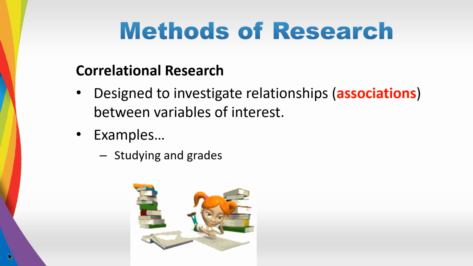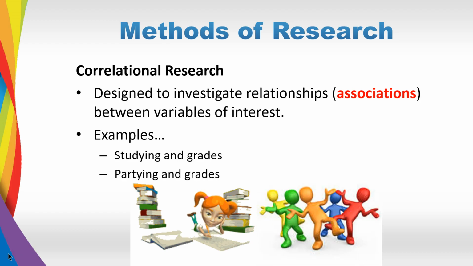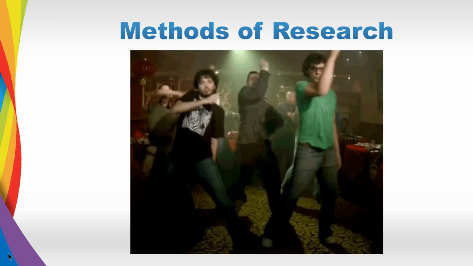And we can see if there's some kind of a relationship. So the other example I like to look at is partying and grades. Because you can maybe guess or hypothesize that if you're partying too much, maybe your grades go down, right? And so you want to find out, is there a relationship with partying and grades?